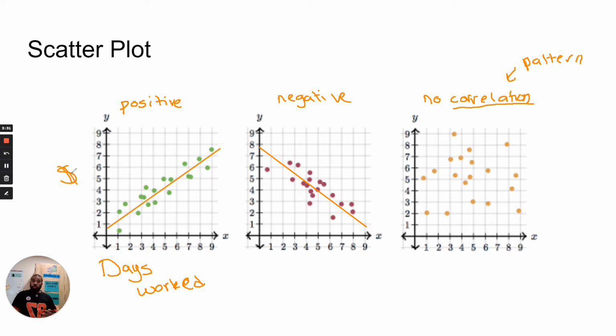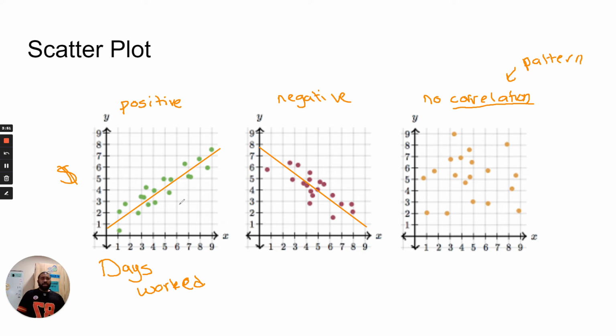As you work more days, you're going to earn more money. When one increases, the other one also increases. That's called a positive correlation.